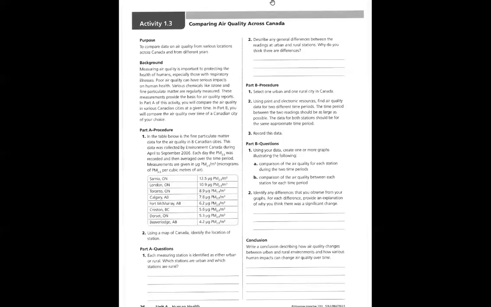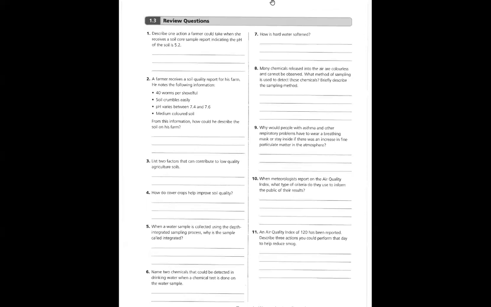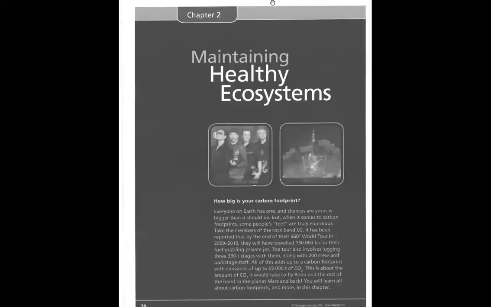We then went on to the next section, which is 2.1, and that is lesson 4. We're still in unit 1, and we started looking at maintaining healthy ecosystems.